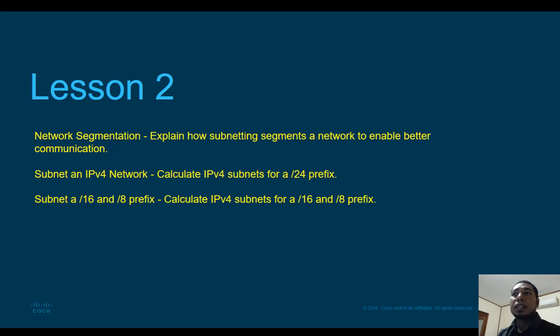And then we have class A, the private address 10.0.0.0 range. That's the /8 as the default prefix or subnet mask. So we'll be looking at borrowing bits within the boundaries of the particular octet we are looking at in that class of address.